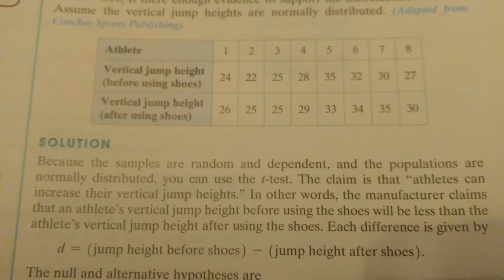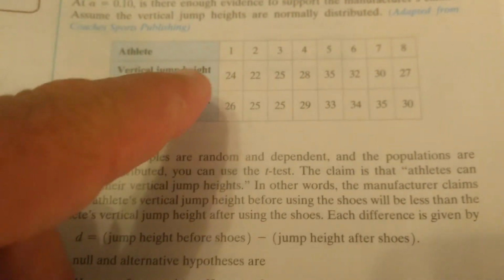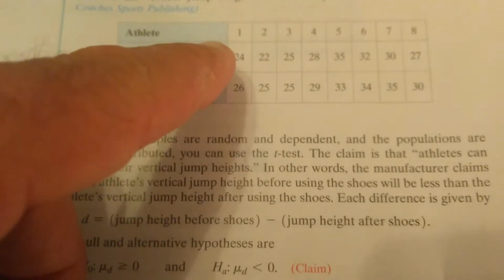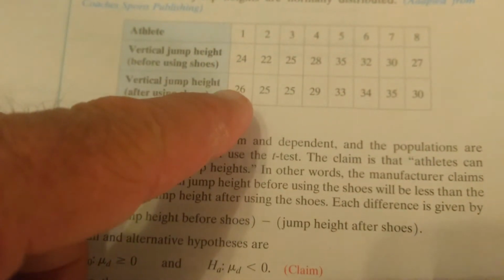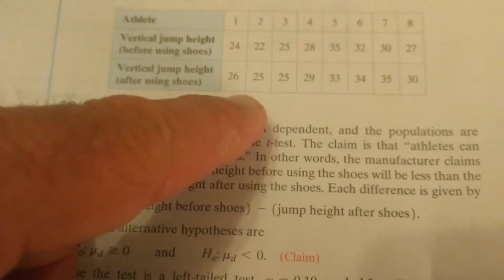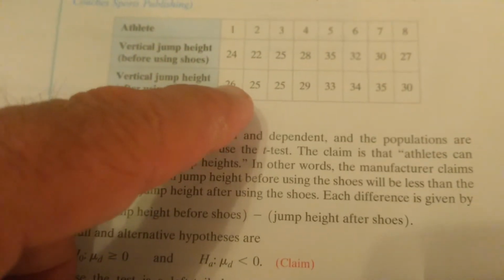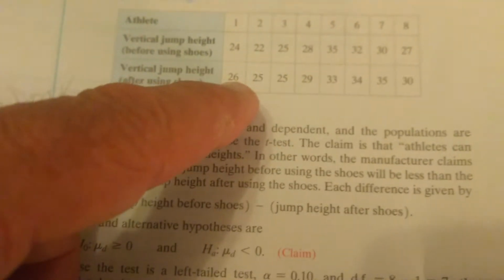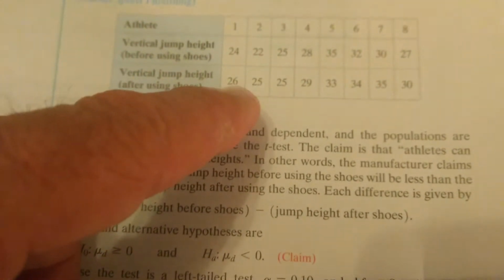If there's an increase in vertical jump from the shoes, we're always taking the first set of data points and subtracting the second. So if I subtract the second from the first and there's an increase in vertical jump, this second set is going to be higher. So a negative value tells me that the shoes increase their vertical jump.